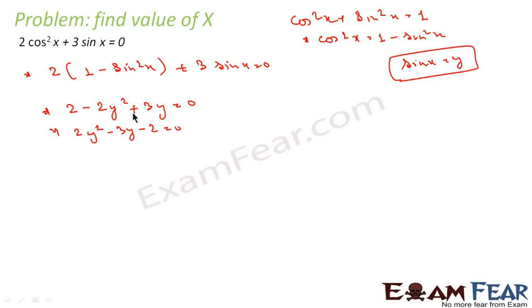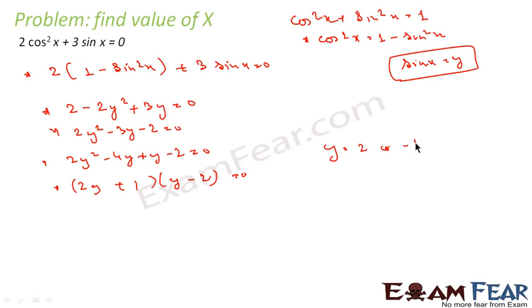I took everything on the right hand side, and this I can write as 2y square minus 4y plus y minus 2 is equal to 0, because 2 into minus 2 is minus 4, and minus 4 plus 1 is equal to minus 3. So I get 2y into y minus 2, plus 1 is equal to 0. That means y is equal to 2 or minus 1 by 2.